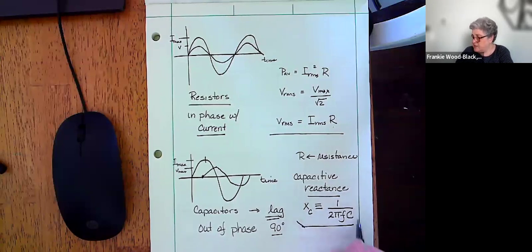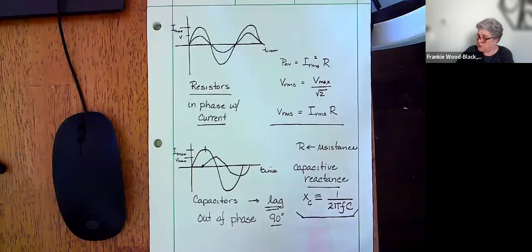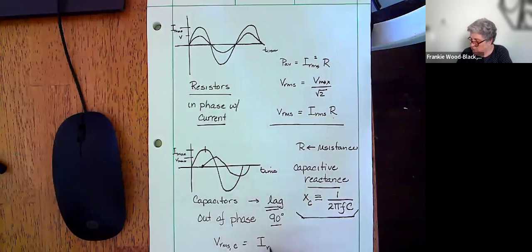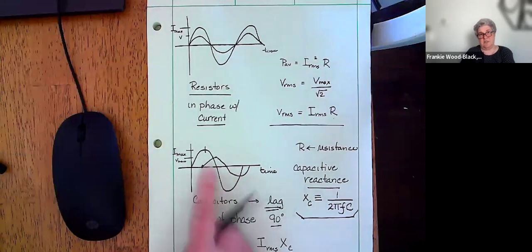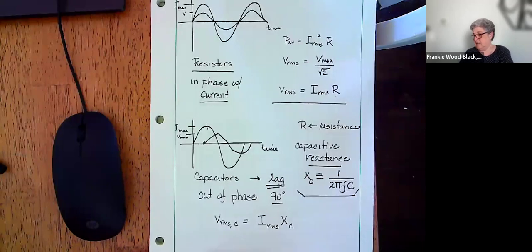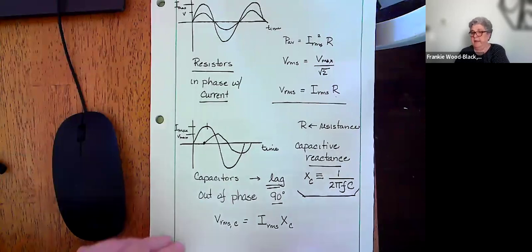And then I can plug this into equations just like I do this one. So my root mean square voltage for capacitors is going to look like my root mean square current times my X sub C. Okay, so this one's going to lag, that works out.